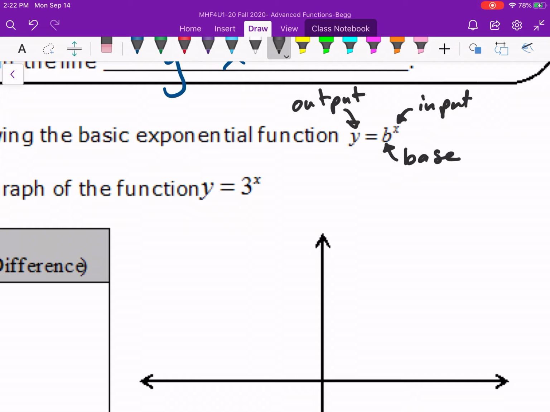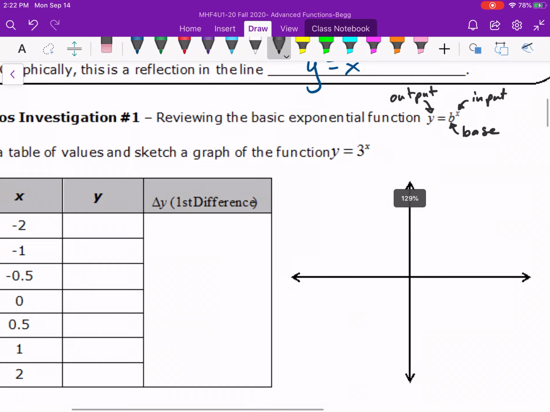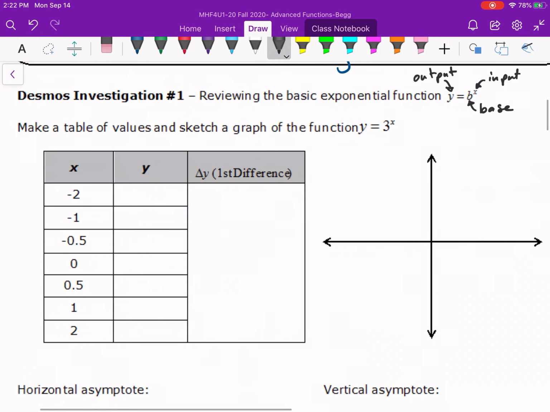It's what something is growing by. If something's doubling over a certain amount of time, for example, then our base would be 2. If it's tripling, it would be 3. All right? So base is our constant. It's related to our constant growth rate.